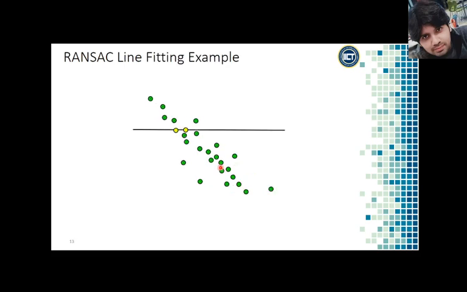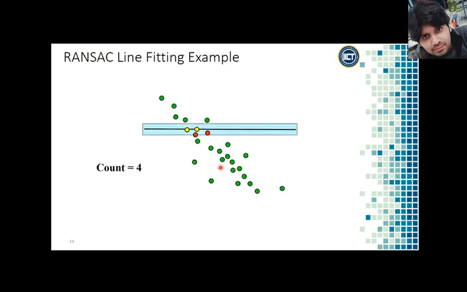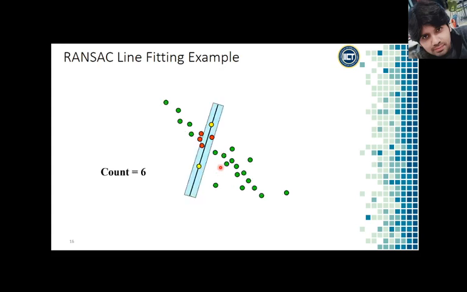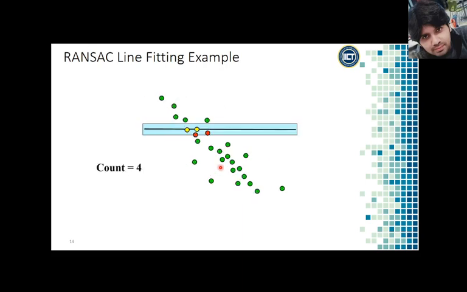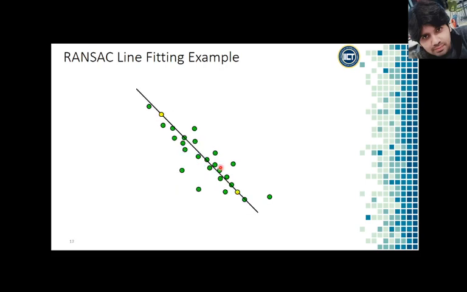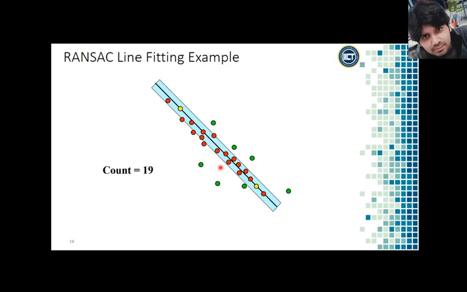So again, we take a different seed group, we compute the transformation, and then we compute the inliers. So it is better than the previous one, which has 4 counts, but still we have to rerun the experiment. Now let's see, we take this pair of points, and then we compute the transformation, and then we compute the inliers. So now it's 19. So it means that the result is better than the previous two transformations.